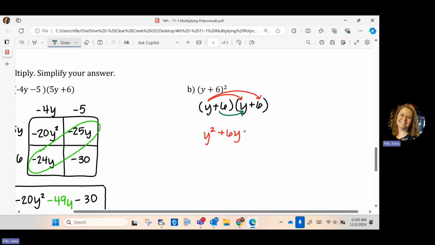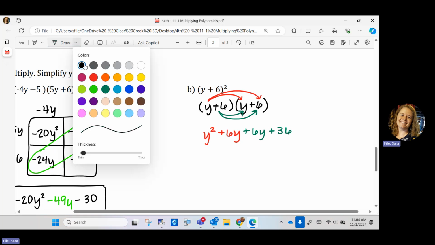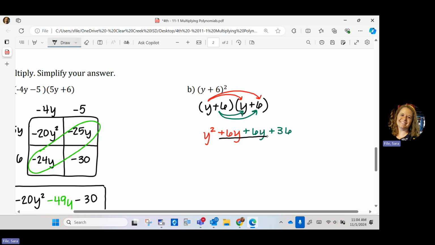So the 6 times y is 6y, and this 6 times 6 is 36. And then you still have to combine like terms. There are multiple y terms in the middle, so that becomes 12y. And then you've still got the y squared in front and the plus 36 at the end. That is the exact same thing you would have gotten if you did the box method.